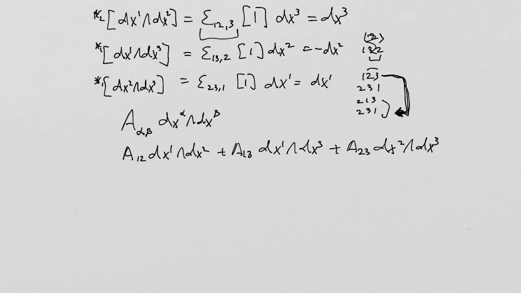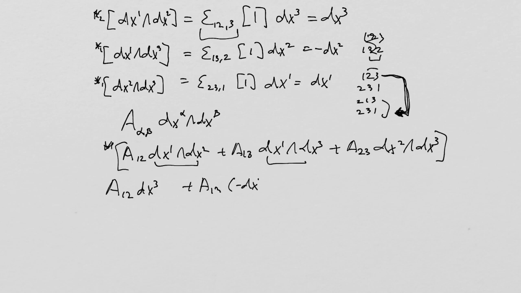There's no alpha 1, 1 term, because that would be dx1 wedge dx1, which is 0. Now if I want the Hodge dual of that, again, linearity saves the day. It's alpha 1, 2 times the Hodge dual of dx1 wedge dx2, which is dx3, plus alpha 1, 3 times the Hodge dual of this, which is minus dx2, plus alpha 2, 3 times the Hodge dual of that, which is dx1, and that's all.